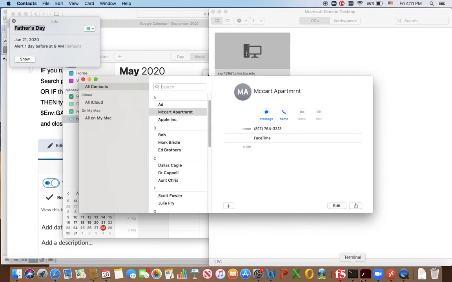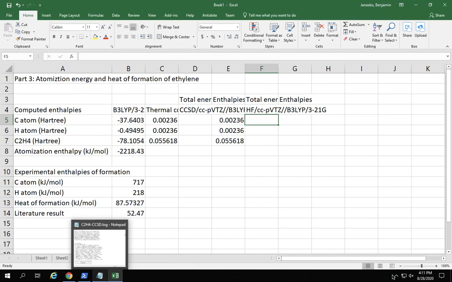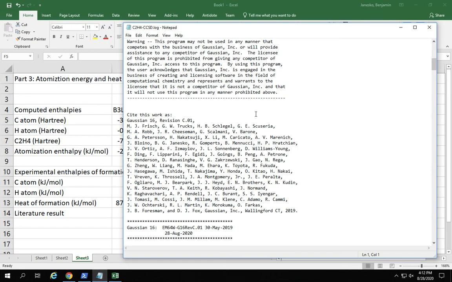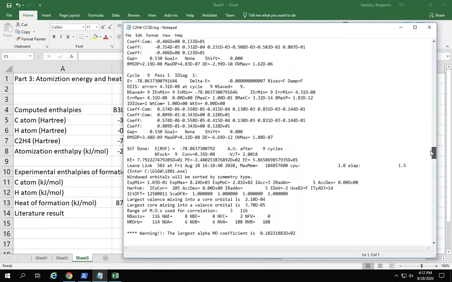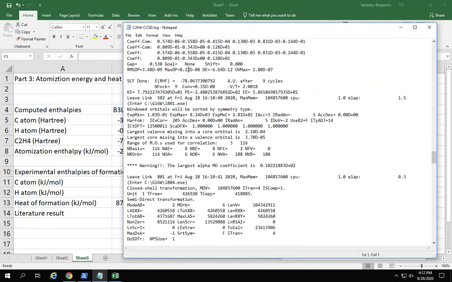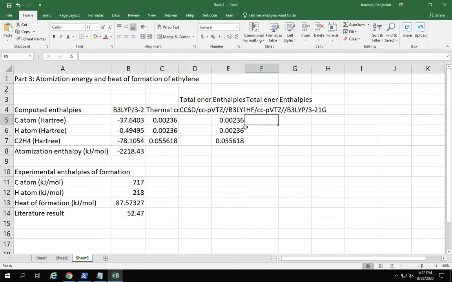So for this, I'm going to scroll down. There's my Hartree-Fock energy, which I could put here for C2H4.